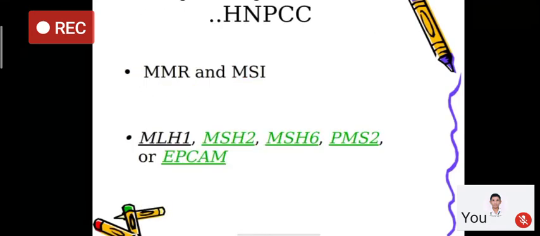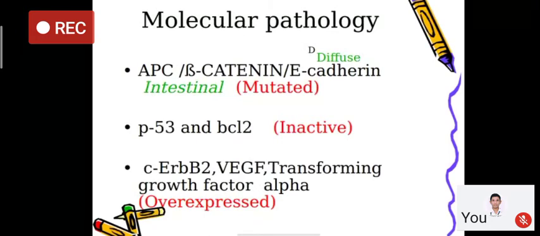Two, three things which we have already discussed, I think. Molecular pathology. We talked about the genes. We have to remember three things in genetic problems in carcinoma stomach. Genes can be either mutated, that means the normal gene is there but it is not working properly. It has gone through a mutation, or a gene may be inactive. Inactive means these are basically tumor suppressor genes.